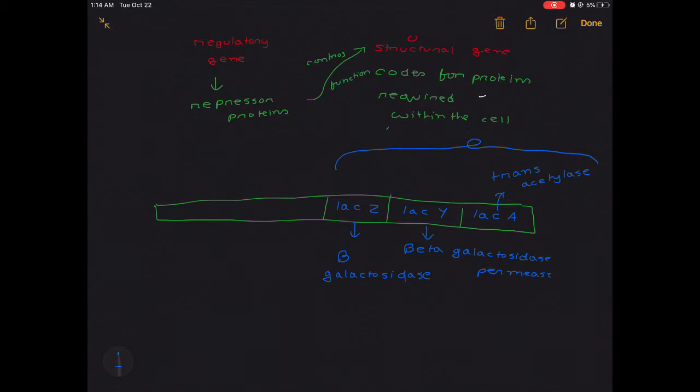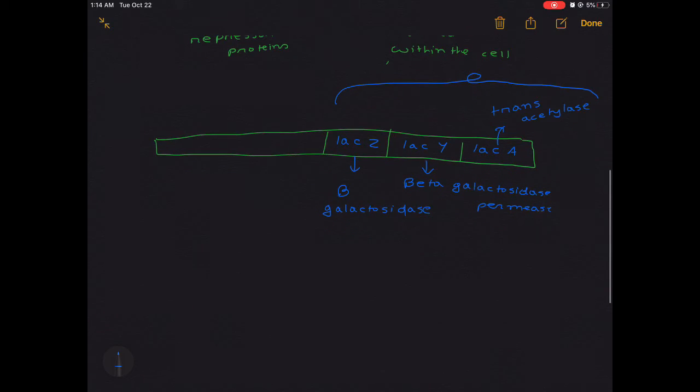Now, what does beta galactosidase do? So this beta galactosidase will always slowly convert lactose to allolactose.